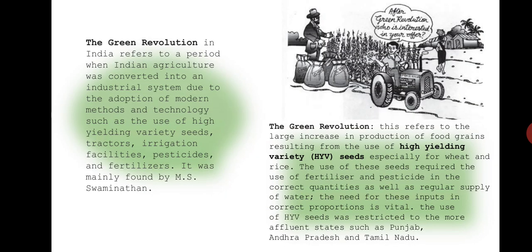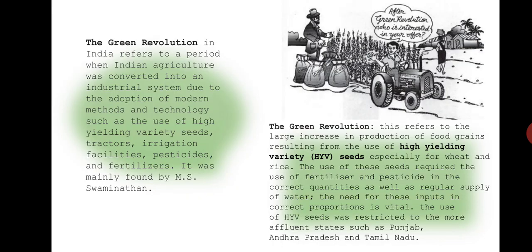The second step that the government has taken regarding the agricultural sector is the green revolution. The green revolution is the introduction of modern technology in the Indian agriculture system.